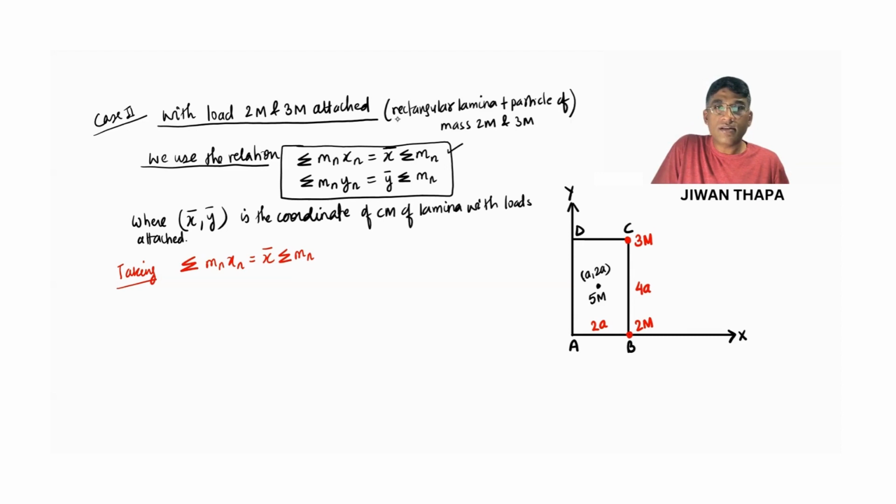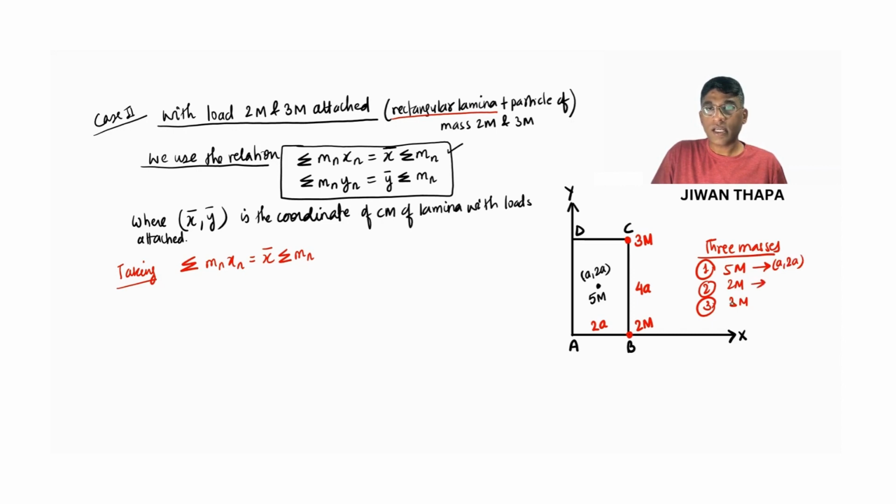Now, as I said earlier, we have the rectangular lamina along with particles of mass 2m and 3m. So altogether we have three masses: 1, 5m; 2, 2m; 3, 3m. The coordinate of the first is a comma 2a.